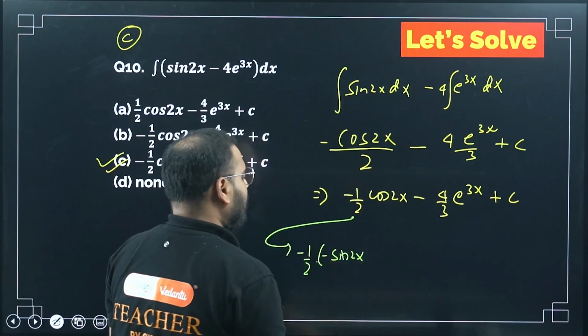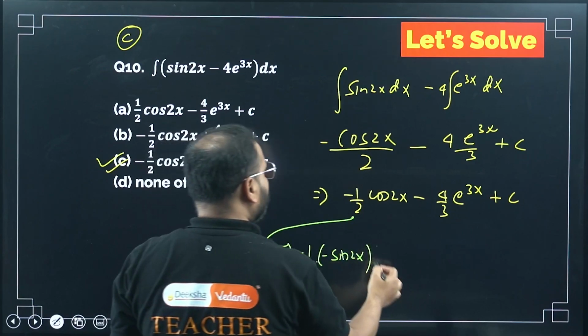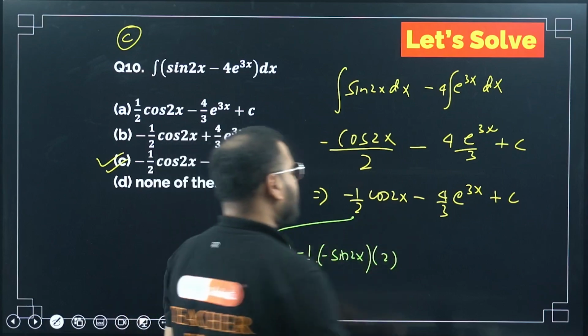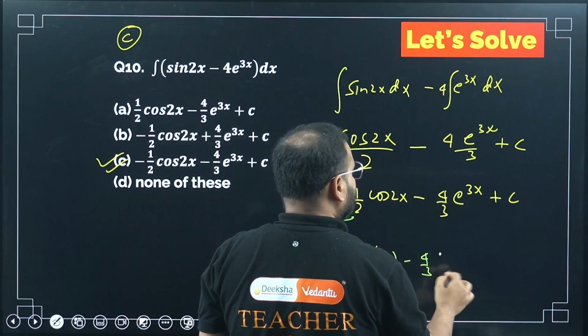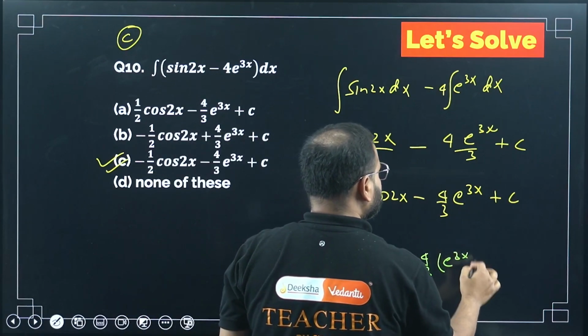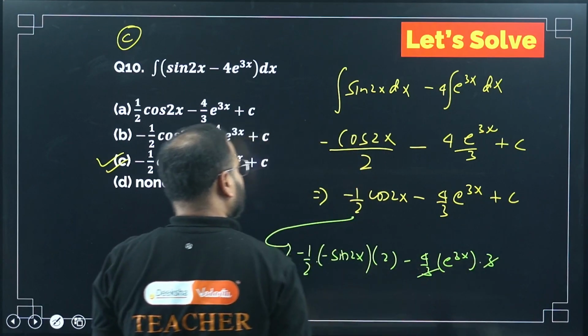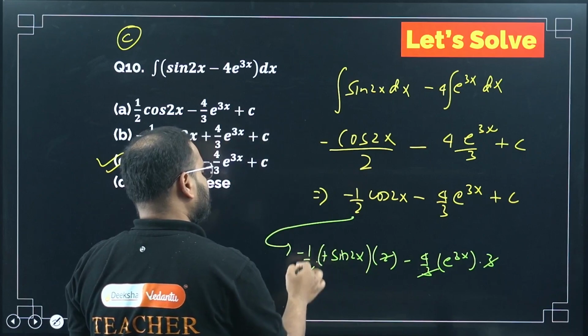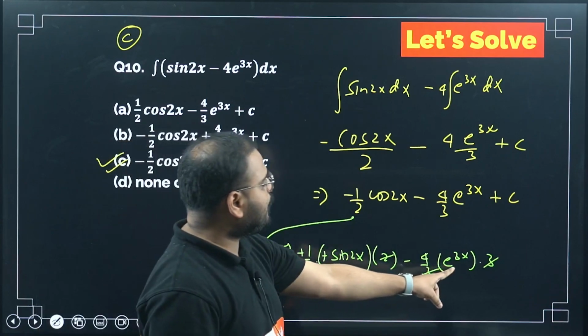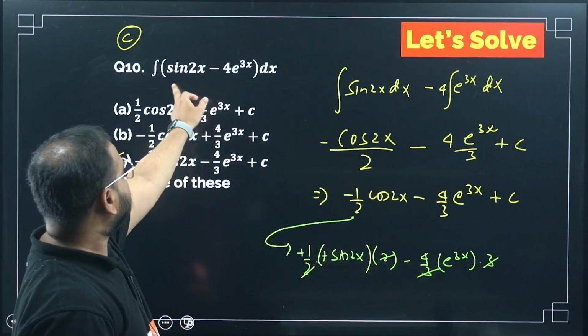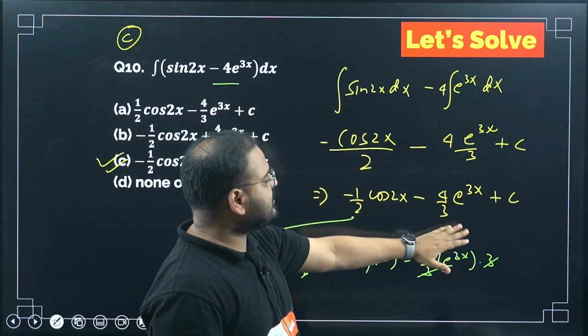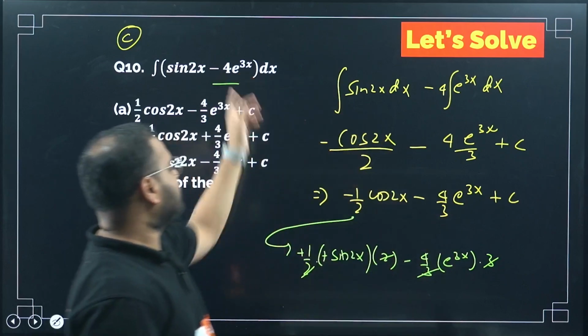Yes or no? I have to do for 2x also, so into 2. Same way for this, minus 4 by 3 will remain as it is. E power 3x will be e power 3x times 3, because for 3x it will be 3. 3 and 3 will be cancelled, this 2 will cancel this one. Plus and plus. What is left? Sin 2x minus 4 e power 3x. So this is the integration, this is the differentiation. Reaching back the same thing.